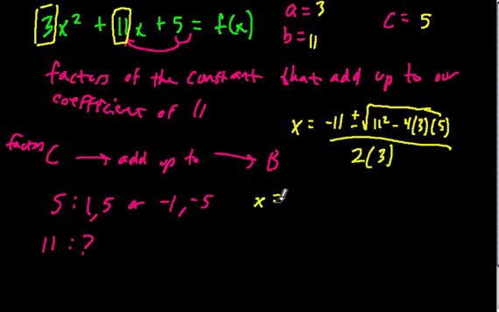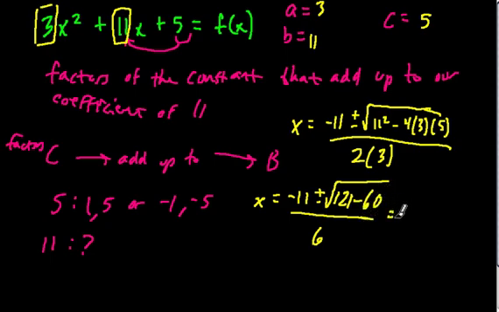So x is equal to negative 11 plus or minus, the denominator is 2 times 3, nice and easy, that's 6. 11 squared is 121. 4 times 3 times 5: 4 times 3 is 12, 12 times 5 is 60, so it's 121 minus 60. And that is equal to negative 11 plus or minus the square root of 61 all over 6.